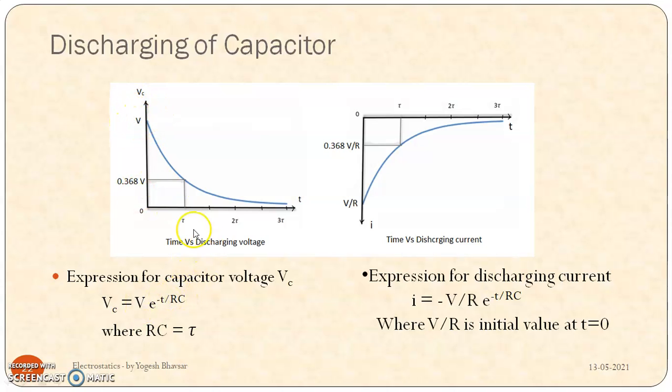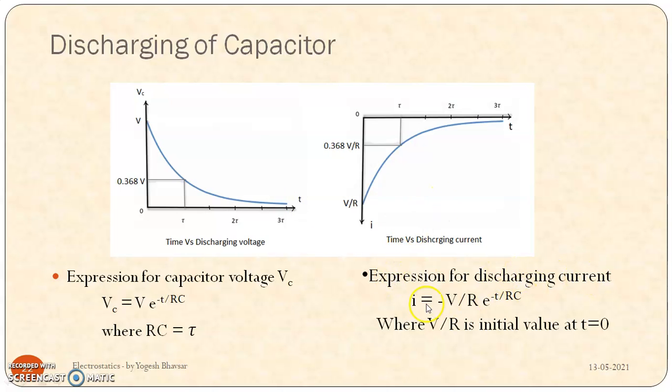Then at t equal to tau, we get the value of this term as 0.368 times V. And near about thrice tau, we get Vc almost 0, which is nearly equal to 0. So initially the voltage is maximum, then gradually it comes down to 0.